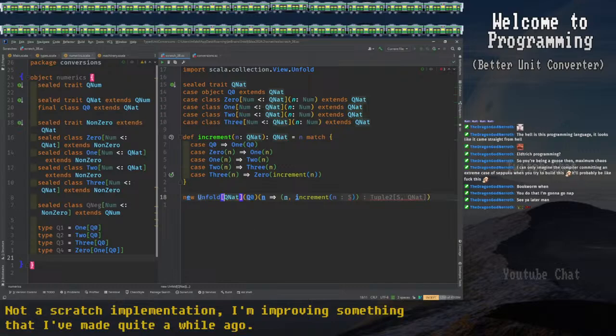Oh, right, there's another one. I also need to make this a sum. No? Am I dumb? Oh, whoops.